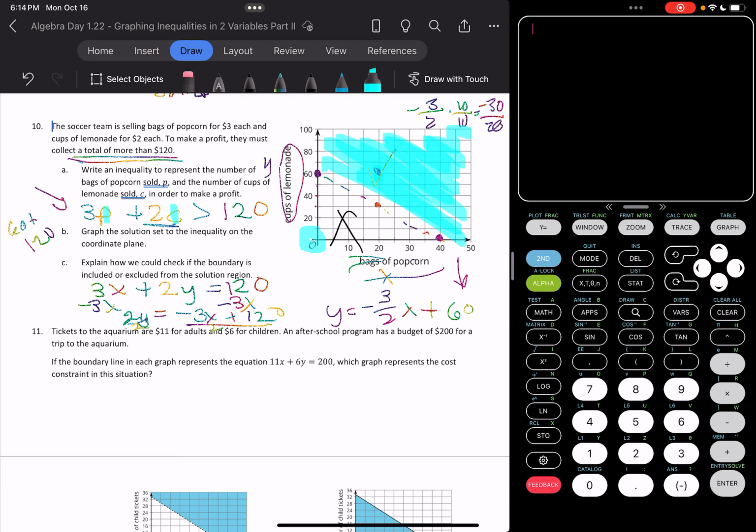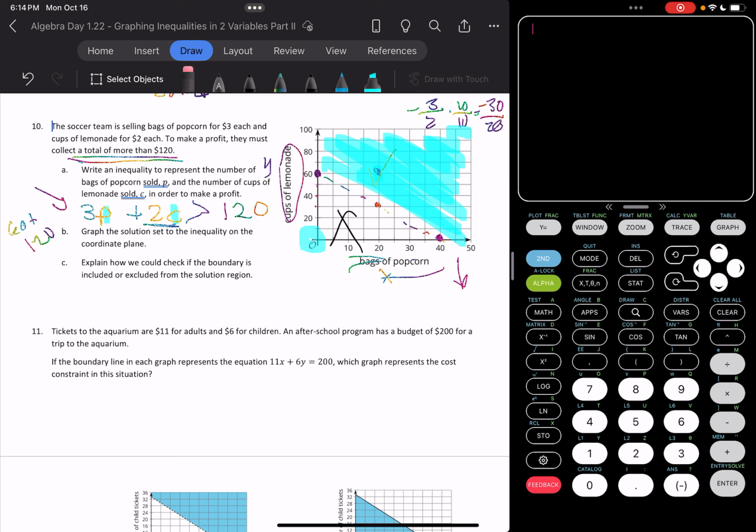All right. So we graphed that, and then it says explain how we could check if the boundary is included or excluded from the solution region. So we can, again, just look at this and see that we have a greater than sign, not a greater than or equal to sign. But we can also plug in numbers from the line. So if we were to plug in, for example, when we graphed it, we got that 20, 30 was on the boundary.